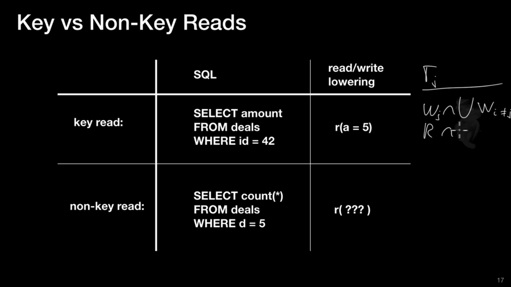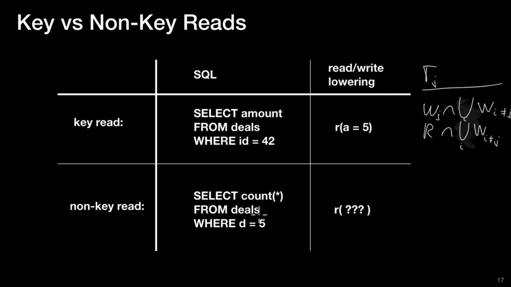That's the important thing. And to do the same here with the read set, so the union over all I, with the same thing as above, all the write sets of transactions I that are not equal to J. I have to perform this intersection. That's what I just explained.